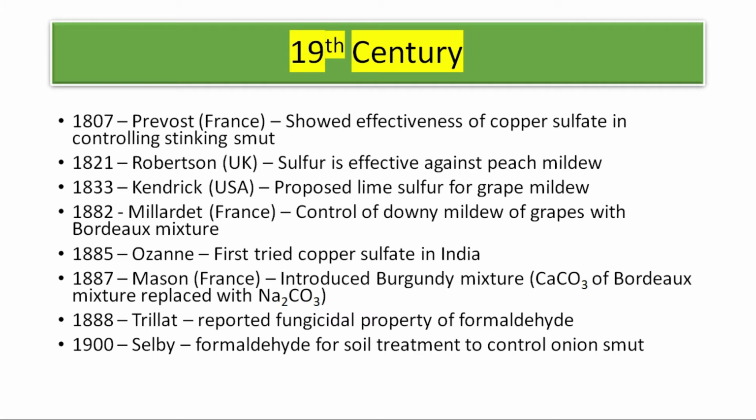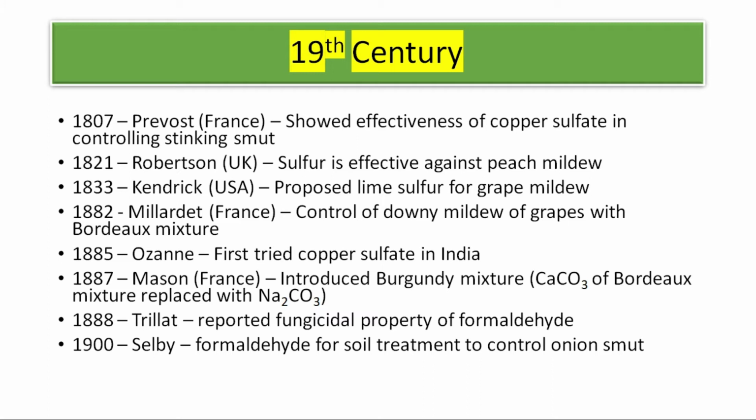In 1888, Trillet reported fungicidal property of formaldehyde. And formaldehyde was used in the earlier times to manage soil-borne plant pathogens. We know formaldehyde is a fumigant. So when it is applied in soil, it can kill soil-borne plant pathogens. In 1900, Selby used formaldehyde for soil treatment to control onion smut.